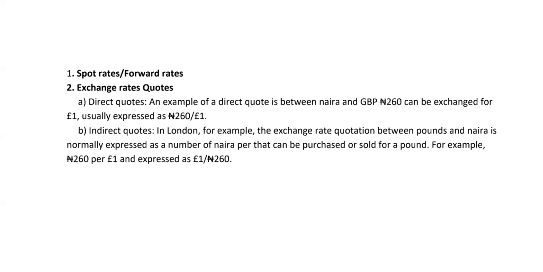Let's say in 3 months, we'll settle at 1,500 naira. You agree with your supplier that you will pay in 3 months' time at 1,500.